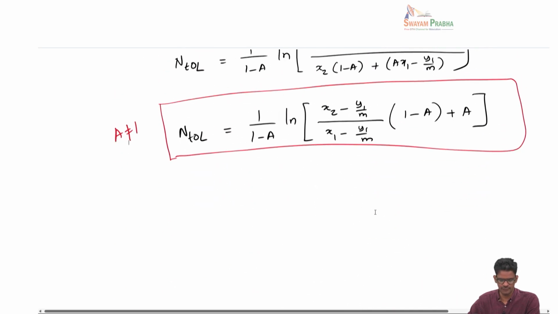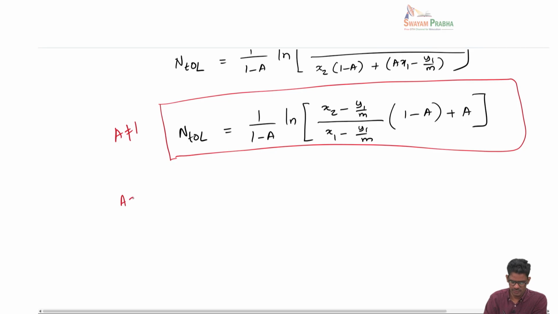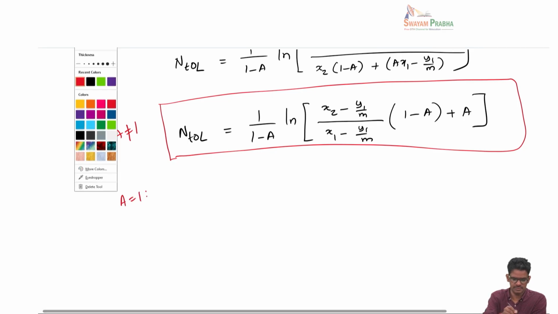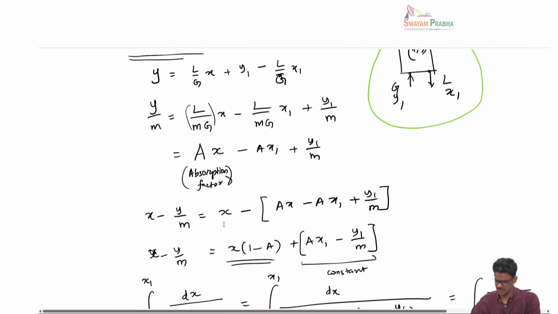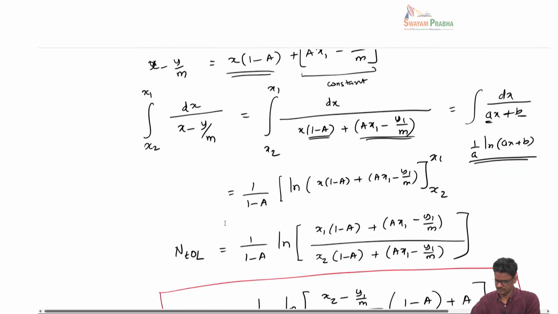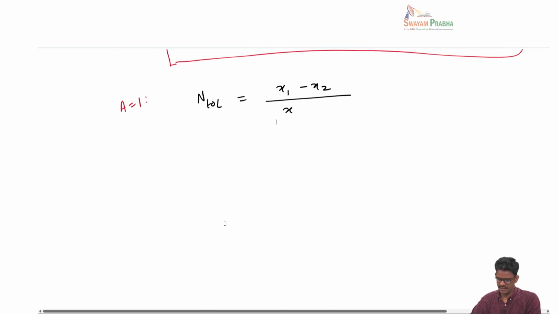So for A equal to 1, NTOL will be simply x1 minus x2 divided by x1 minus y1 by m. So this is the case to be used for A equal to 1.